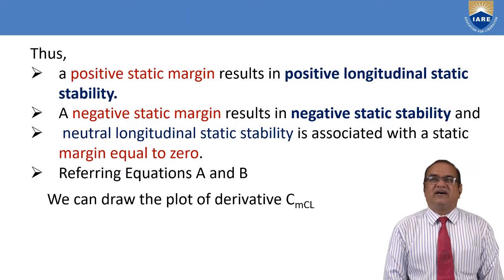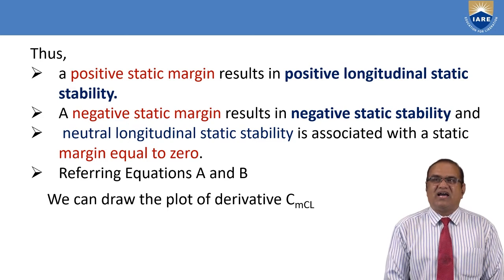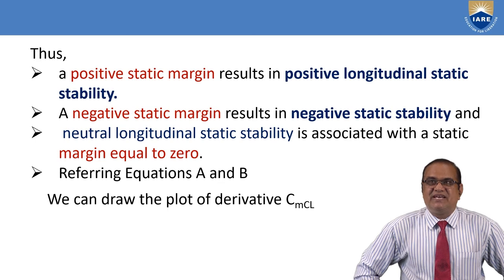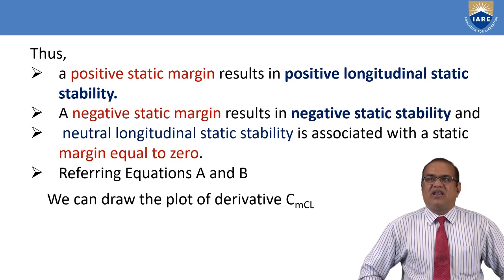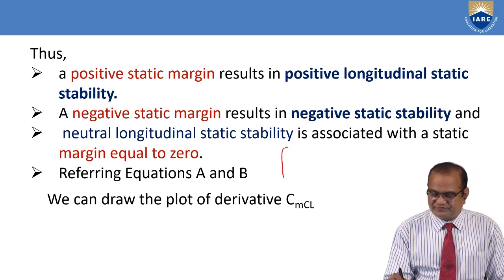Thus, these are the conclusions. We can say that a positive static margin results in a positive longitudinal static stability. So what does positive mean?